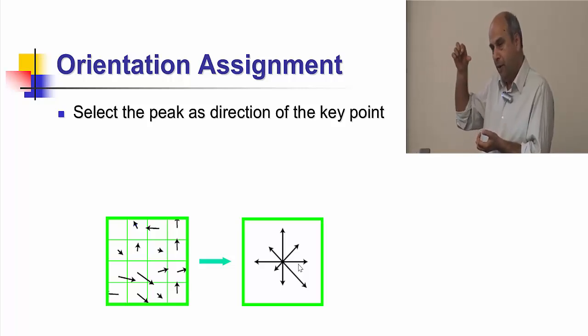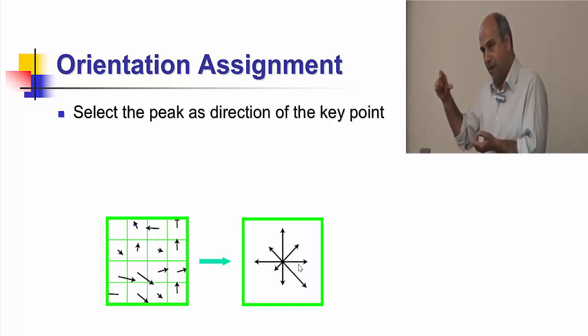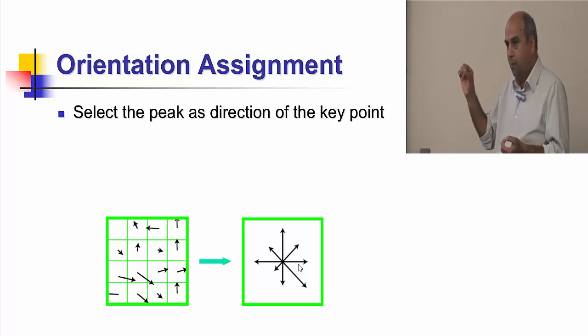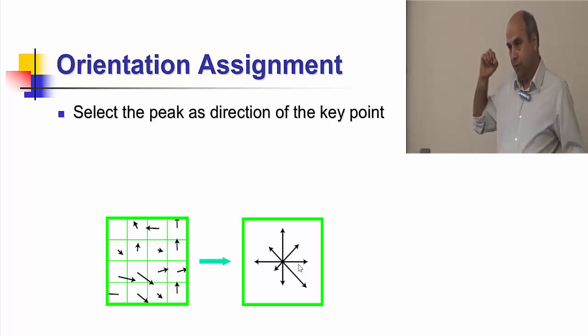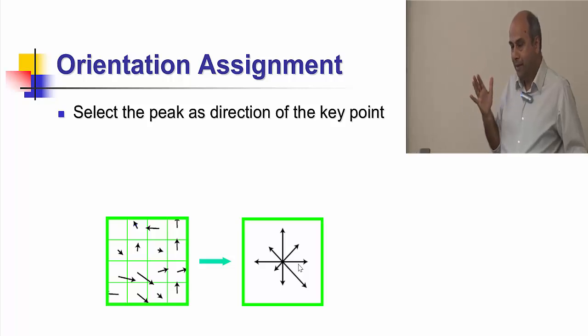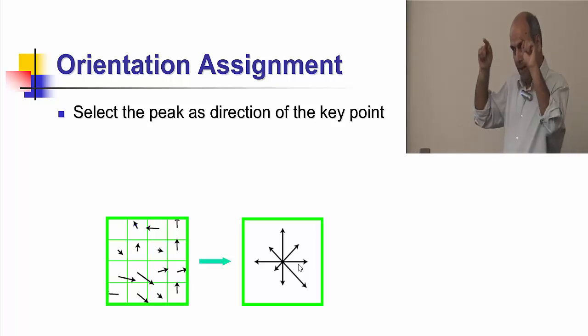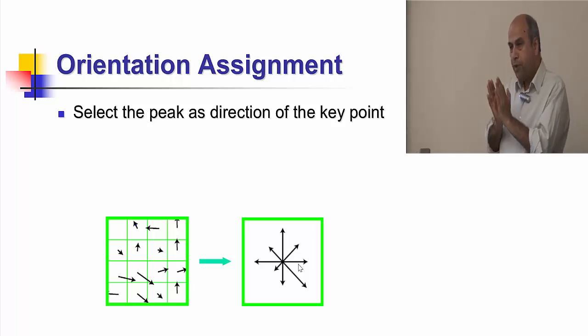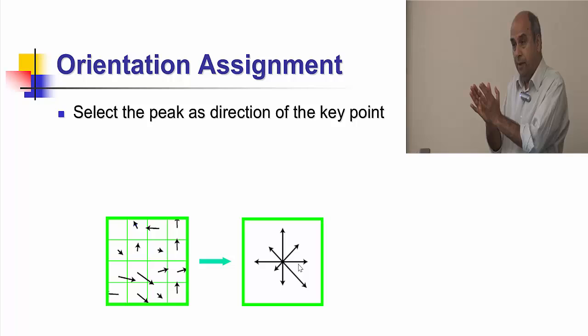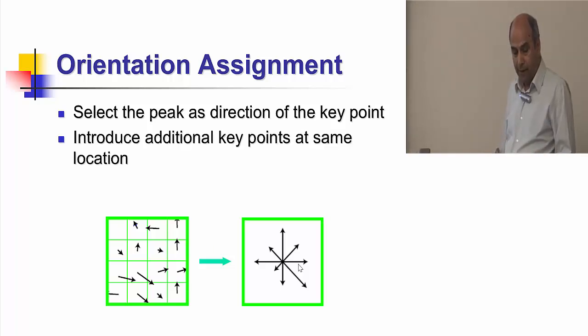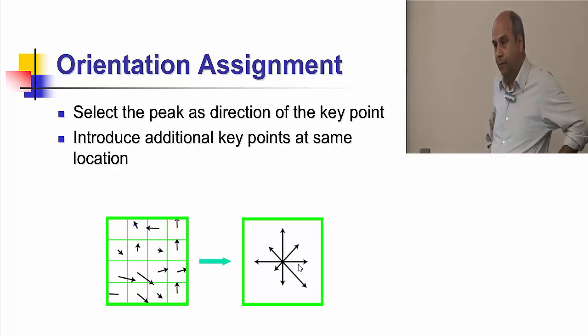In each bin we are going to count how many pixels have this orientation, how many pixels have this orientation, and so on. So we will look at the histogram, whichever has the maximum votes, that is the orientation of this interest point. Because in that neighborhood, most of the pixels are in that gradient direction. So that is the way we are going to determine the orientation of that interest point.